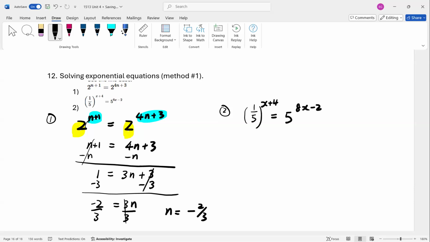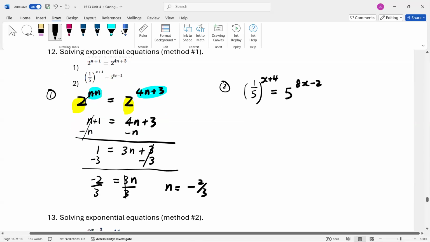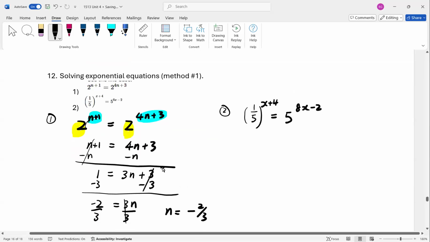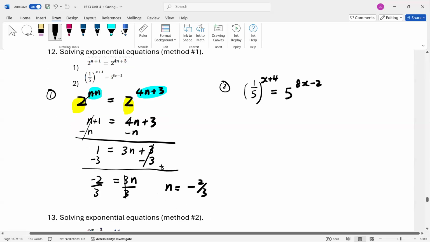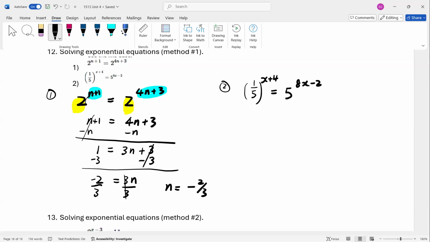As you can see, I have two methods for solving exponential equations. The first method applies when the left side and the right side of the equation could be written as exponential expressions with the same base. The first question we just did, they already have the same base, so very straightforward.